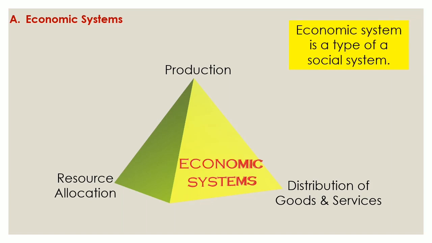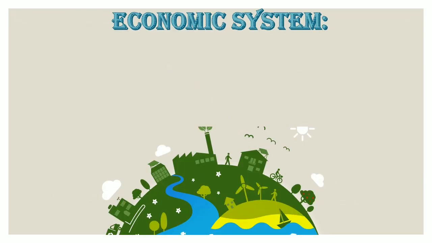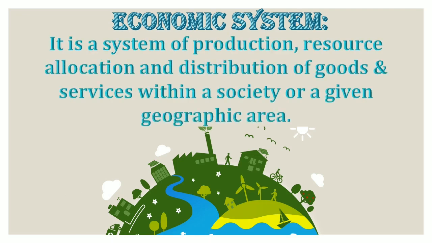As such, an economic system is a type of a social system. Let us look at the definition of the economic system. It is a system of production, resource allocation, and distribution of goods and services within a society or a given geographic area.